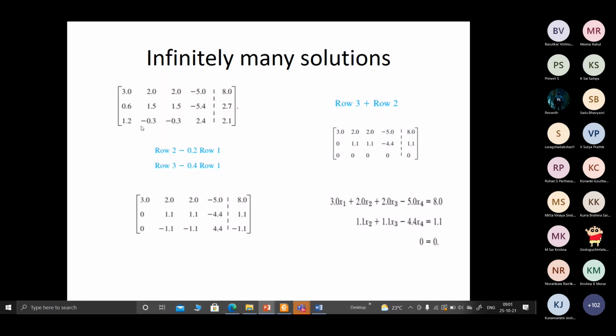What will happen? See, R2 is R2 minus 0.2 times R1 and R3 is R3 minus 0.4 times R1. This is what you get.